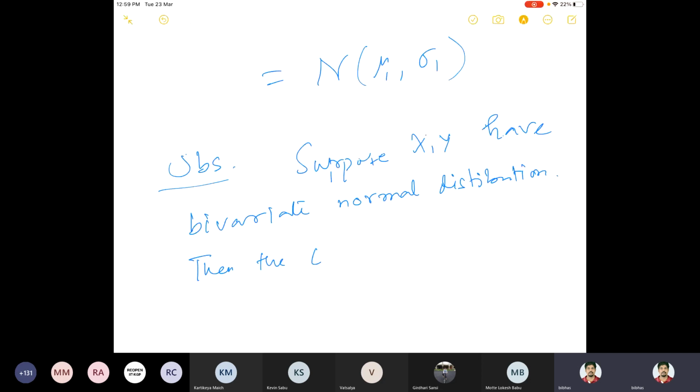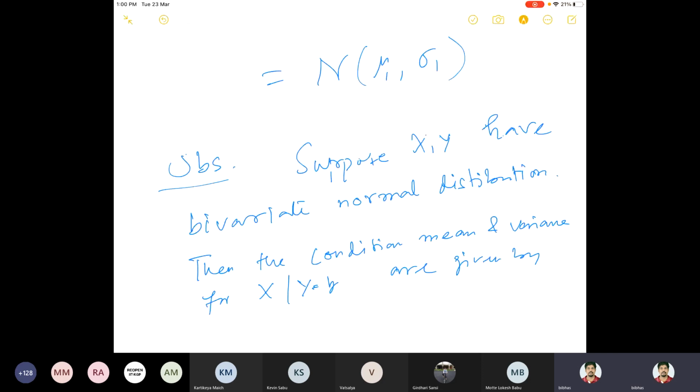The conditional density, or conditional mean and variance, for x when y is known, are given by this.